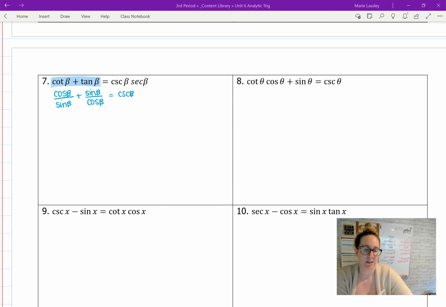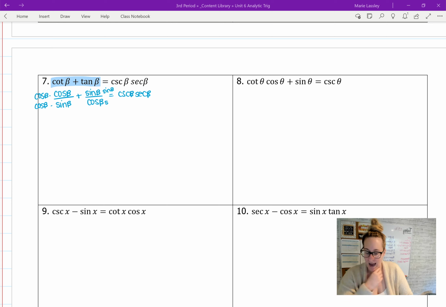Okay, so this is a fraction. I want to combine it so that I have just 1 term instead of 2. So the first thing I have to do if I'm going to add fractions is create a common denominator. So I'm going to multiply the first fraction by cosine beta, top and bottom. And I'm going to multiply the second fraction by sine beta on top and bottom.